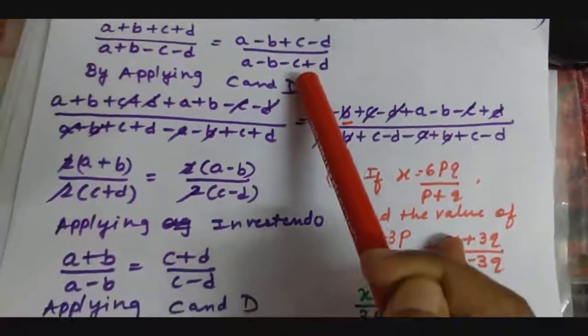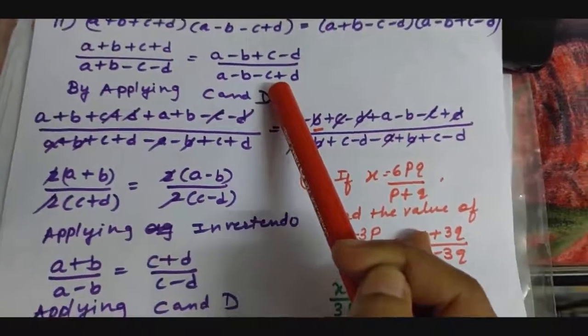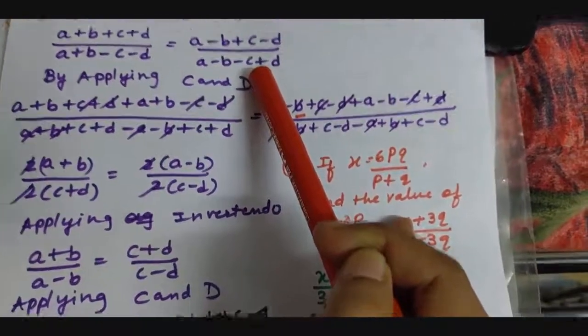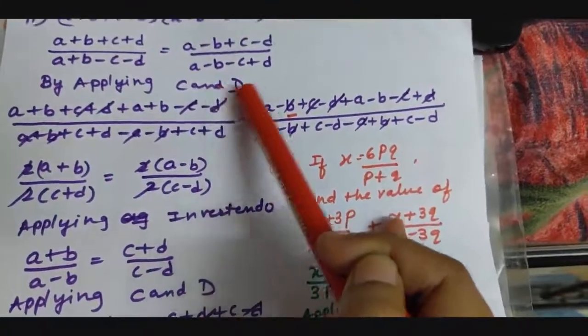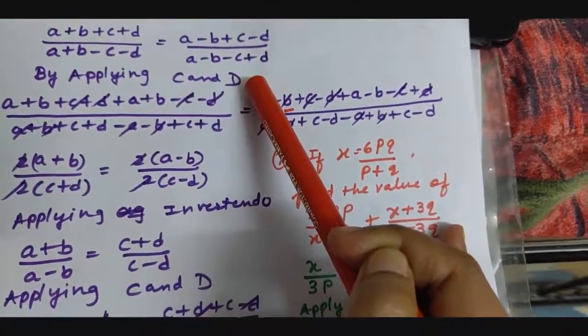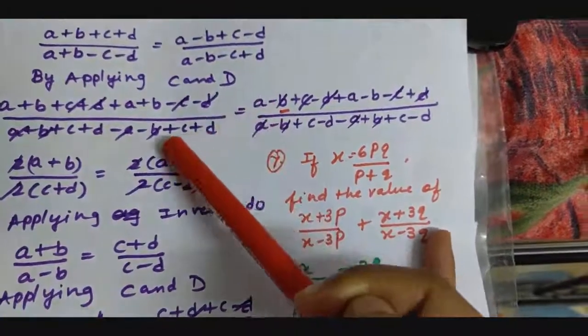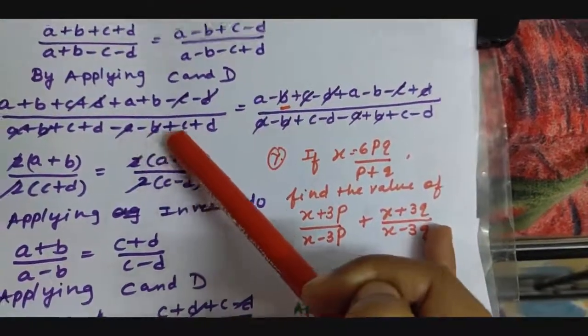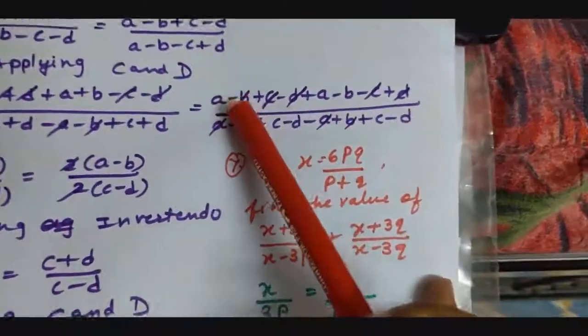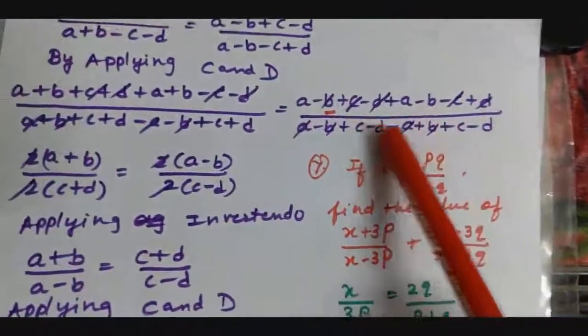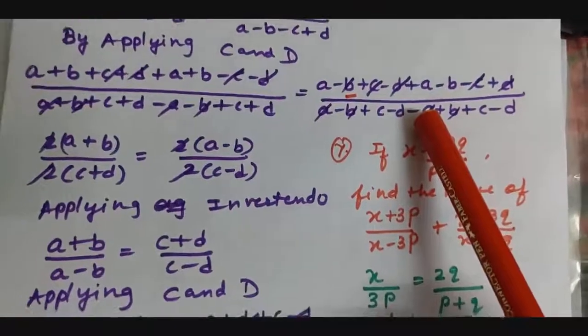Now by applying componendo and dividendo, I am applying the result: numerator plus denominator and numerator minus denominator. By taking minus I am changing the sign here, you see, and here also numerator plus denominator and numerator minus denominator.